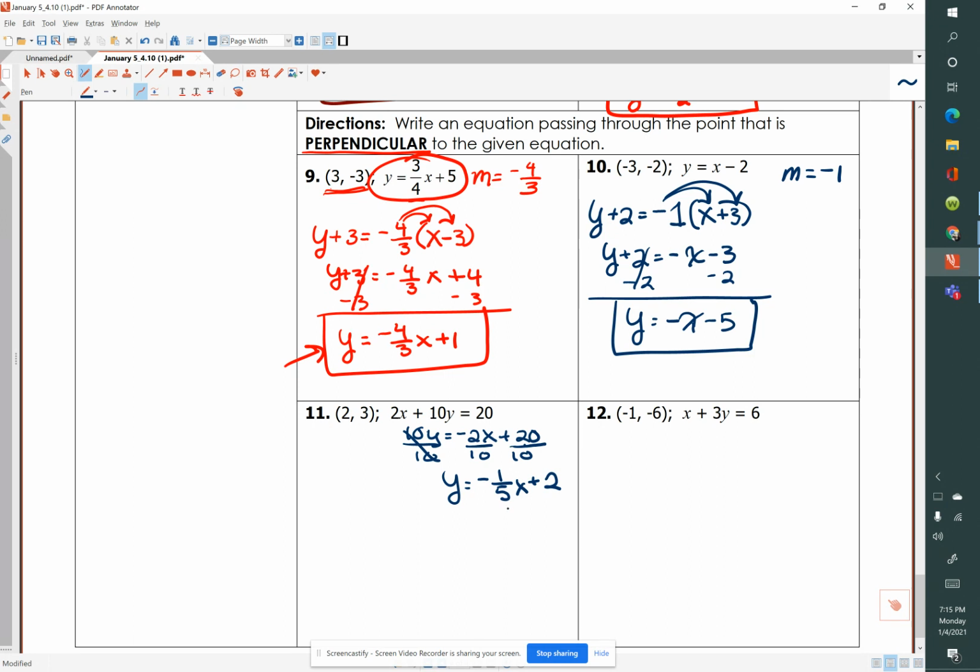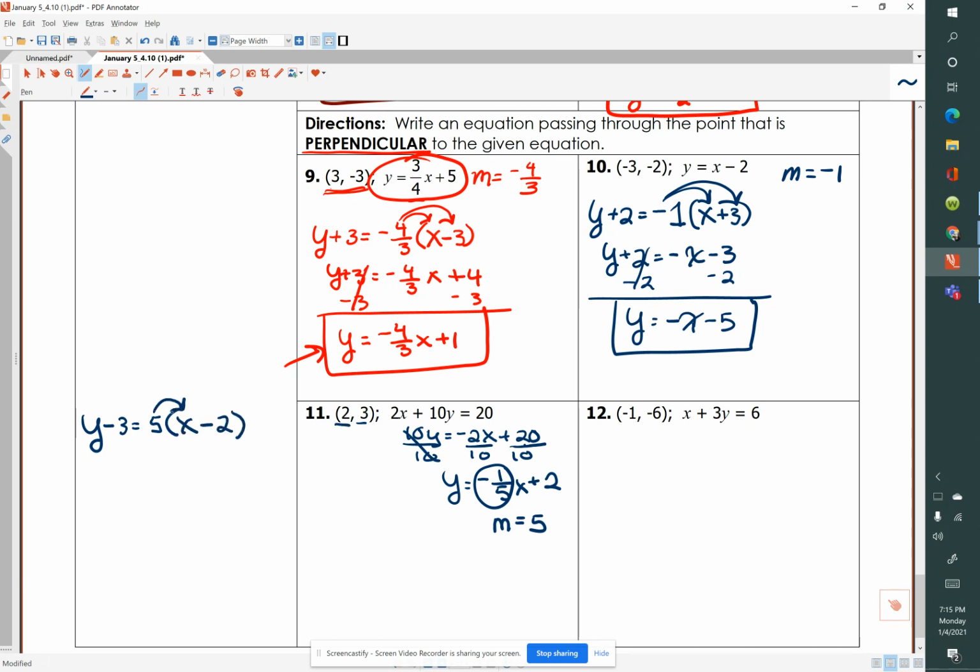Okay, the slope here is negative 1/5, which means my negative reciprocal of 1/5 will be positive 5. So I'm going to move over here in this blank space on the left so we have a little more room. So we'll insert the points and the slope into the point-slope formula. Y minus 3 equals 5 times the quantity of x minus 2.